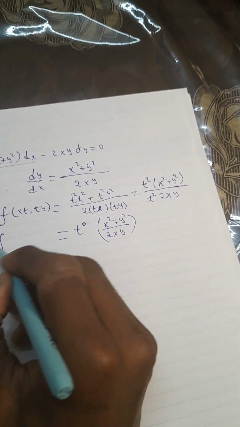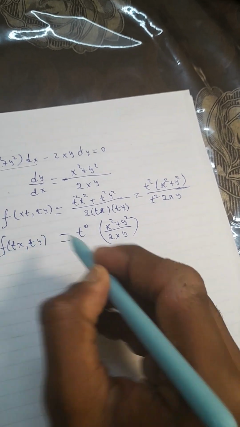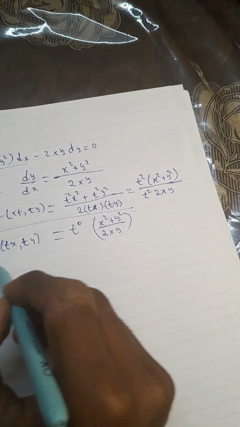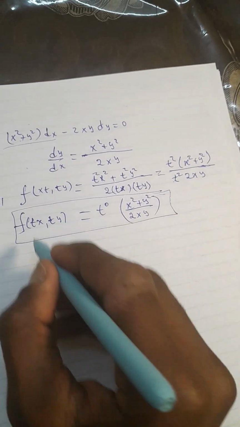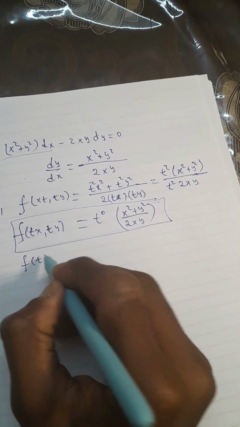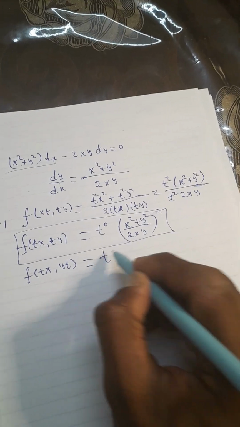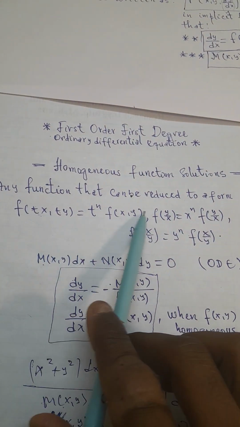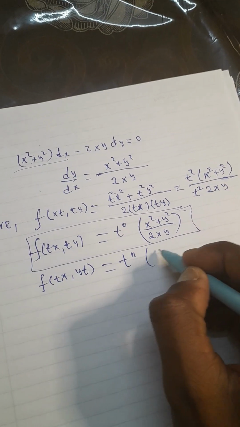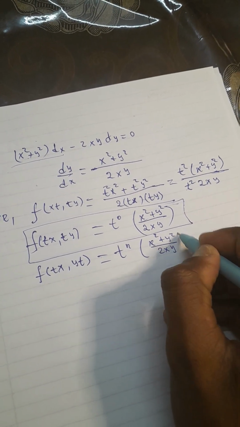You could write the function f of tx, ty like this. So you just have to compare with this one, because I said that a homogeneous function can be written in this way. This is x squared plus y squared upon 2xy.